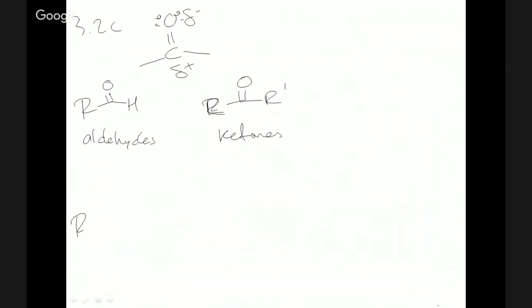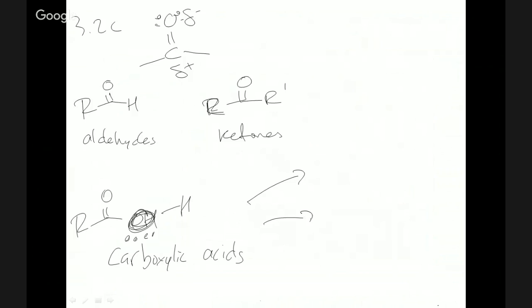And then you have carboxylic acids. Like acetic acid, if R is a CH3, this H is acidic. It's the most acidic organic functional group there really is, except for sulfonic acid, which we touched on at the end of chapter 2. That makes it unique. And then all the other ones are based on this.